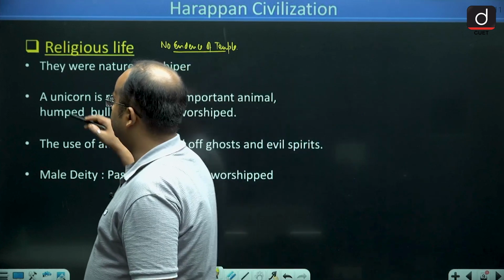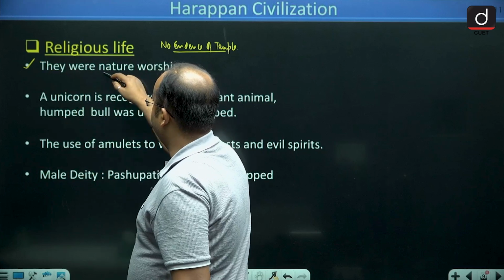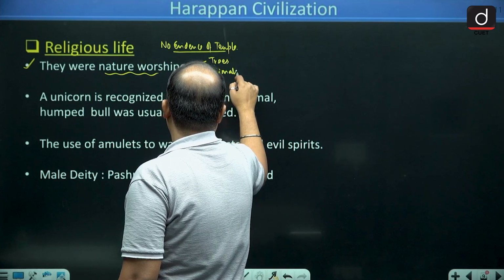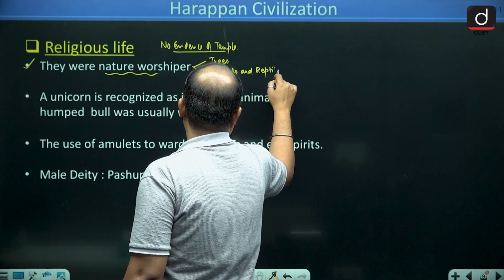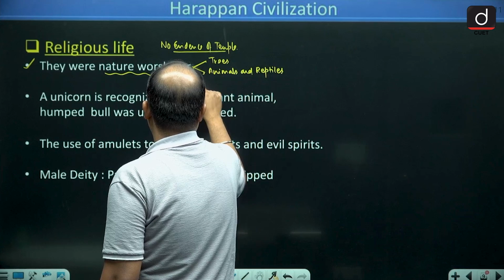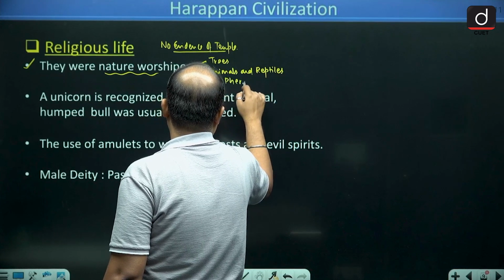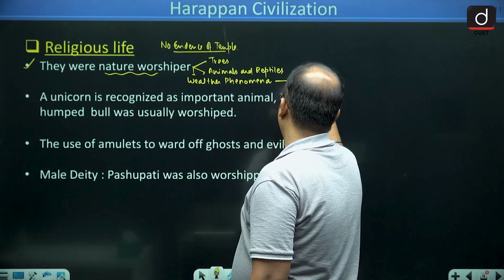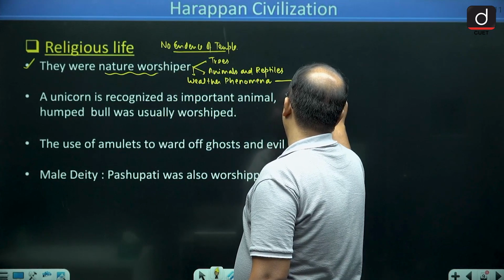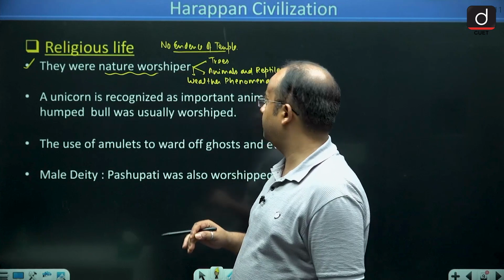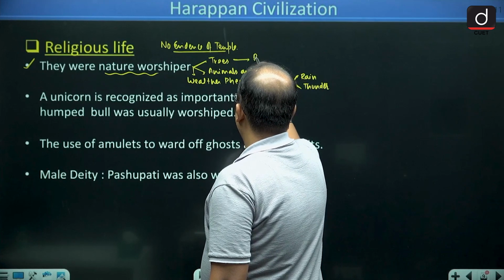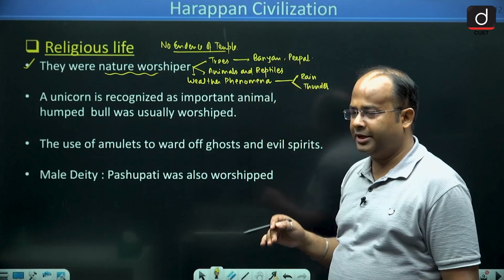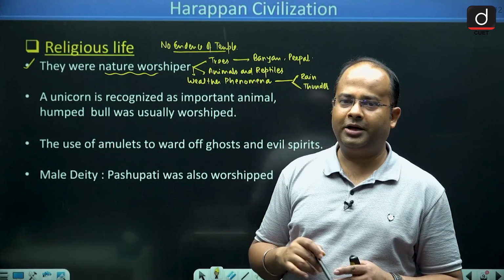Once you conclude that they used to worship different things, whether trees, animals and reptiles, or weather phenomena like rain and thunder, when they worship things directly associated with nature, they are called nature worshippers.